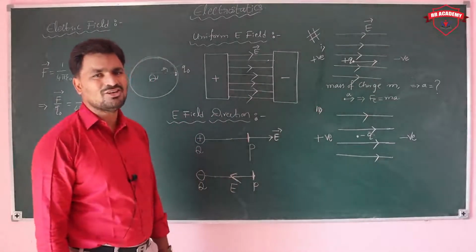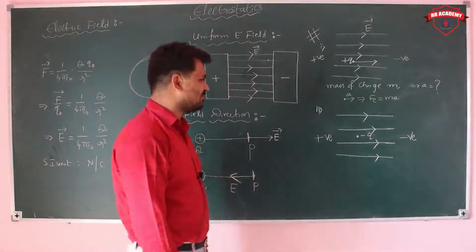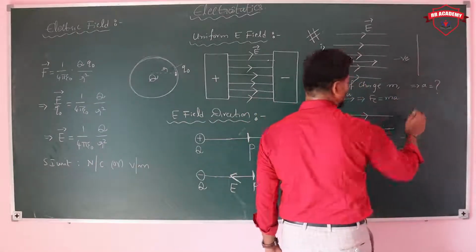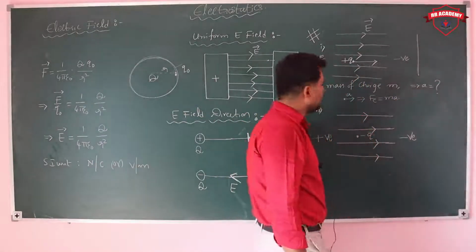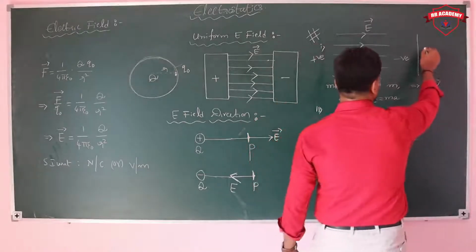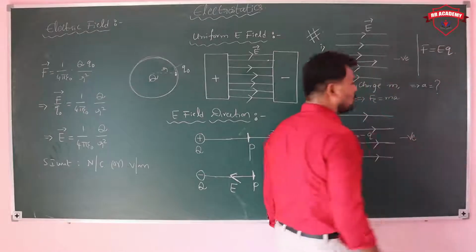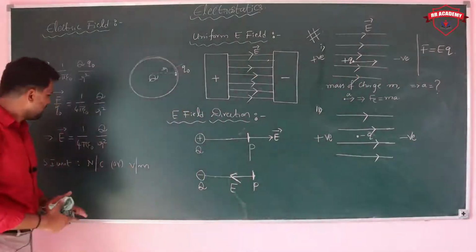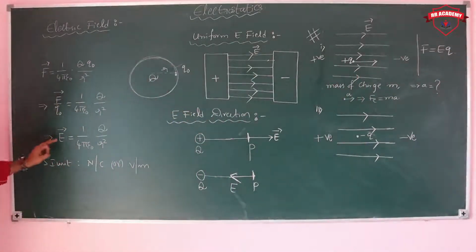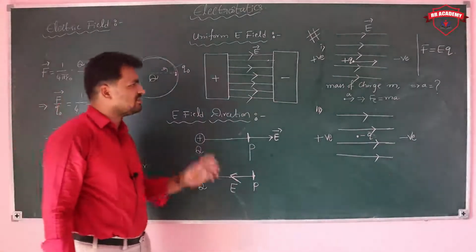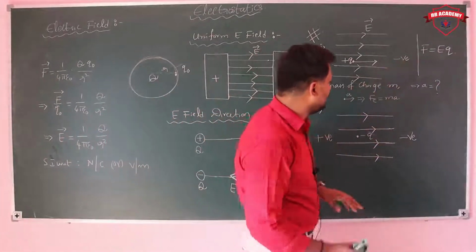From the definition of electric field, E is equal to F by Q, so F is equal to E into Q. Is it possible to write or not? Yes, F is equal to EQ.